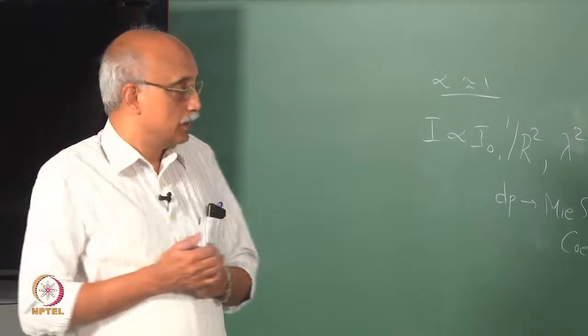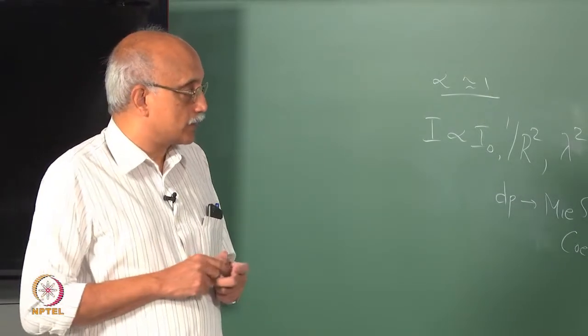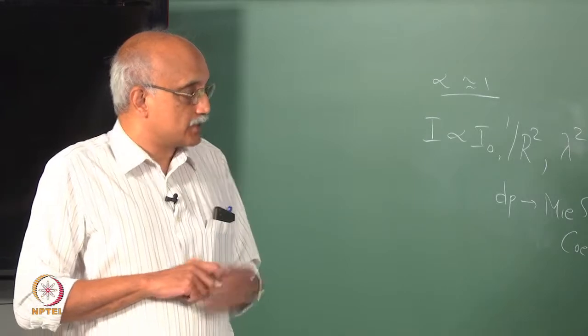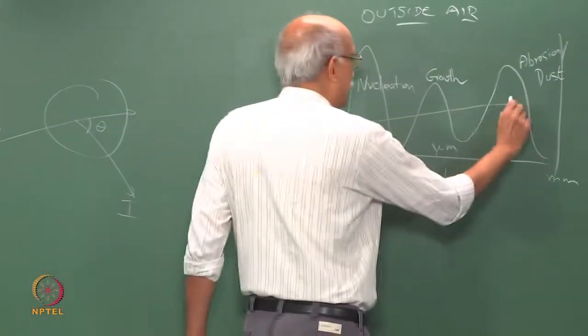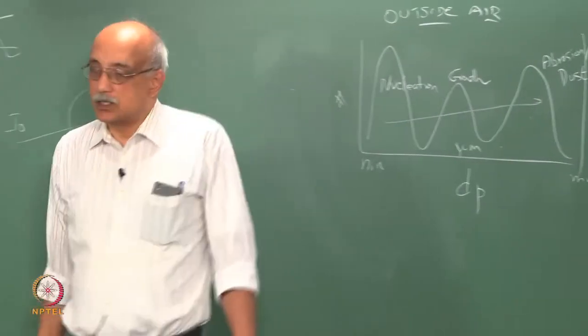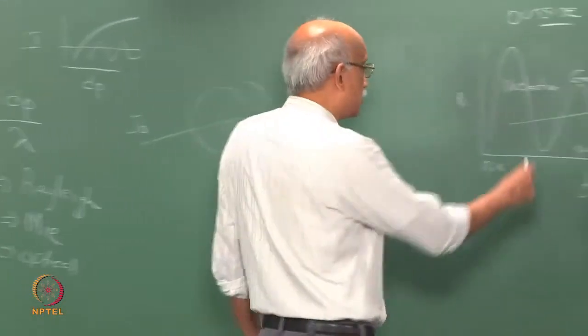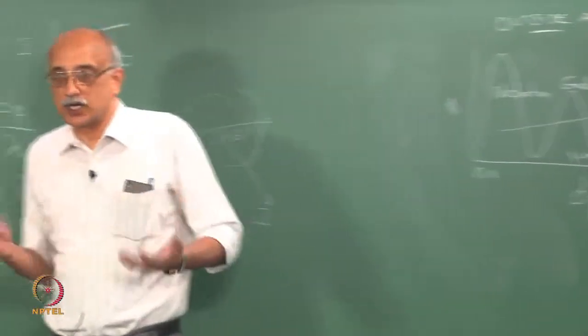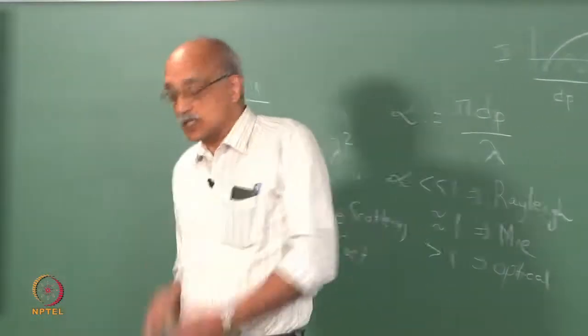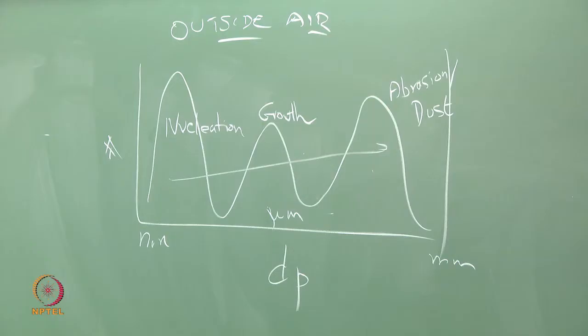The third characteristic particle type is actually not really related to the first two, although it is possible that the growth can happen all the way from here to here, but it is more likely that an agglomerate once it gets to this size range will break up again, because agglomeration is not an irreversible process, it is a reversible process.